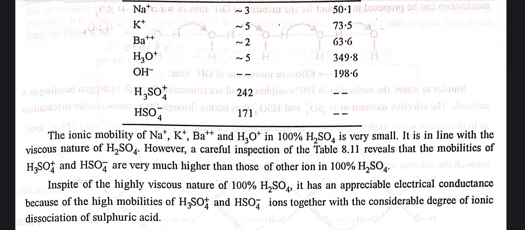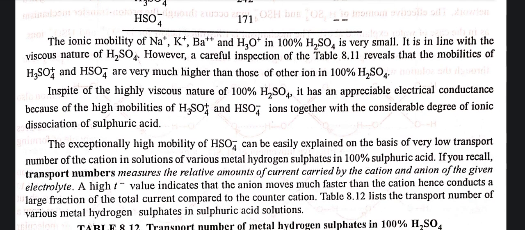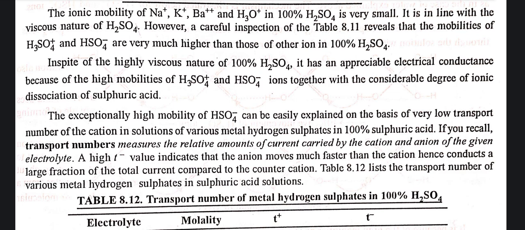In spite of the highly viscous nature of 100% H2SO4, it has an appreciable electrical conductance because of the high mobilities of H3SO4 positive and HSO4 negative ions together with the considerable degree of ionic dissociation of sulfuric acid. The exceptionally high mobility of HSO4 negative can be easily explained on the basis of the very low transport number of the cation in solutions of various metal hydrogen sulfates in 100% sulfuric acid.